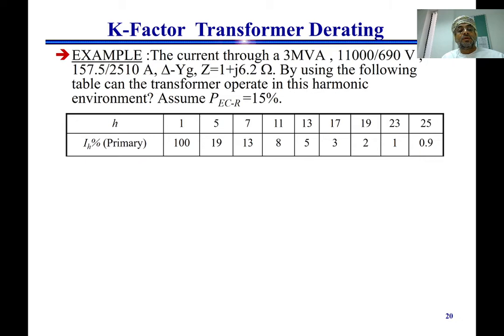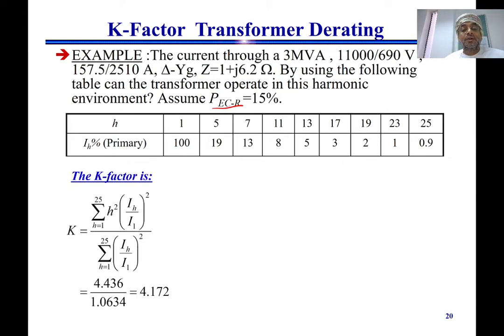By using the following table, can the transformer operate in this harmonic? So can the transformer handle those harmonics? Assume that the eddy current losses factor is 15%.